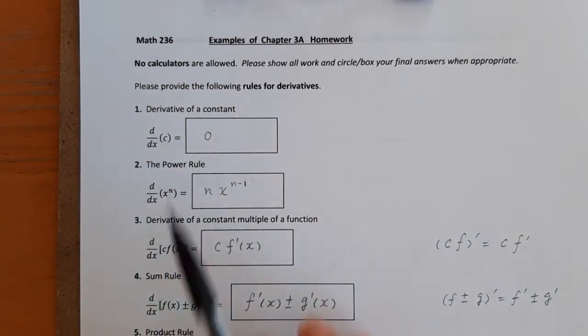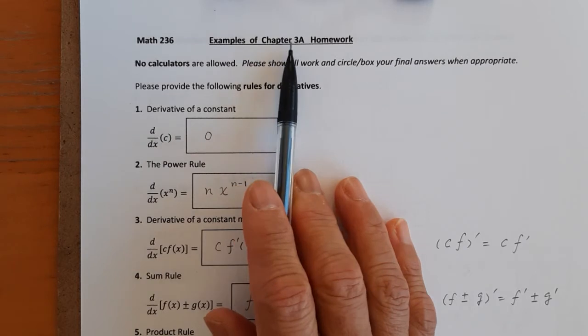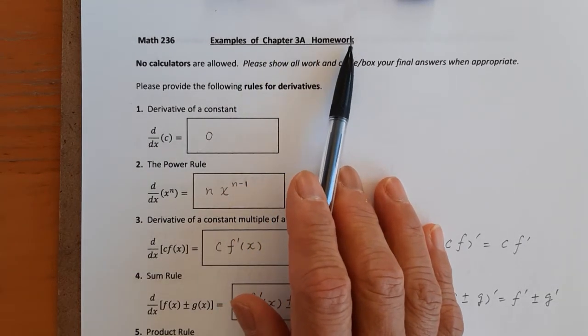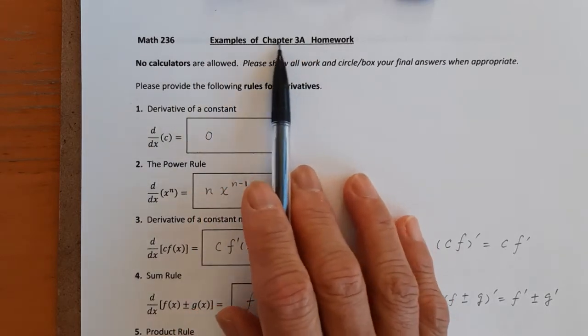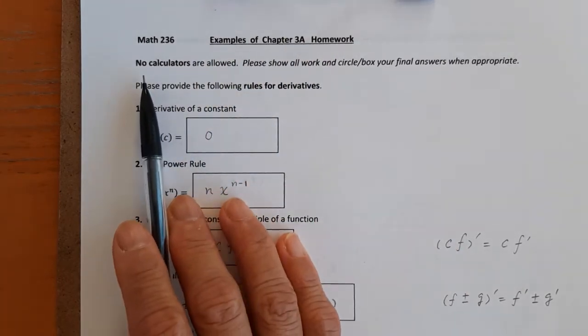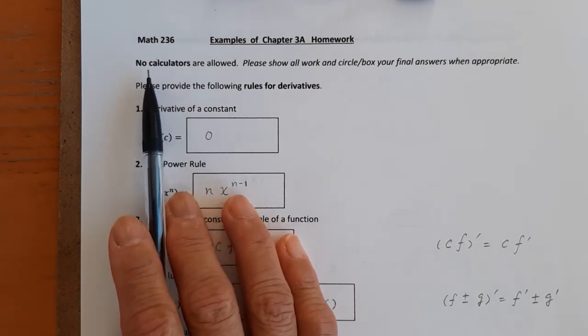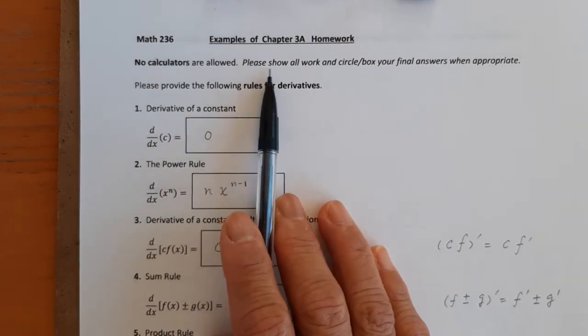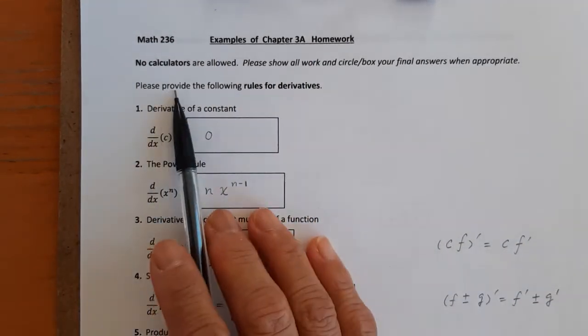this is the examples of Chapter 3A part for homework questions. Example for Chapter 3A homework. No, you don't need to use a calculator in this 3A part. Show all your work.